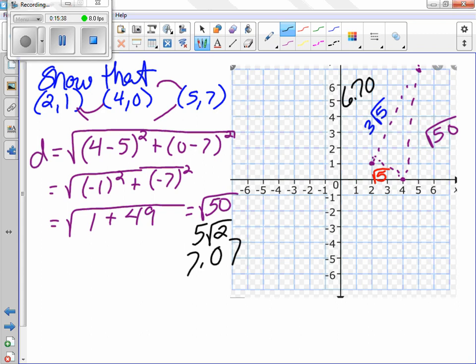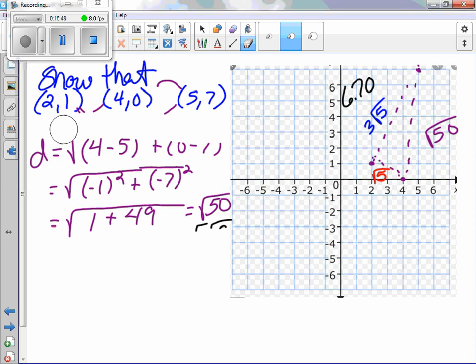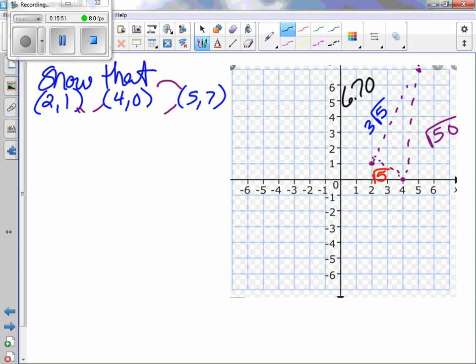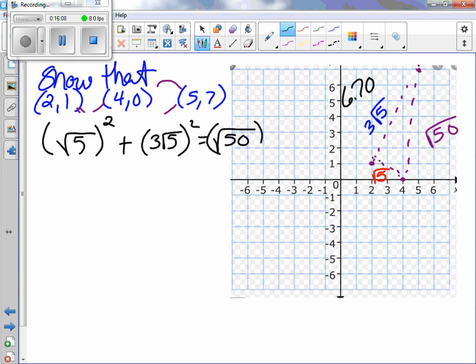So this here is our hypotenuse, going from 4,0 to 5,7. So let's use it as the hypotenuse. Don't use the decimal. Let's use the square roots, and there's a reason why. We know that our a is the square root of 5, and it will be squared, yes? Plus 3 square root of 5 squared equals the square root of 50 squared.